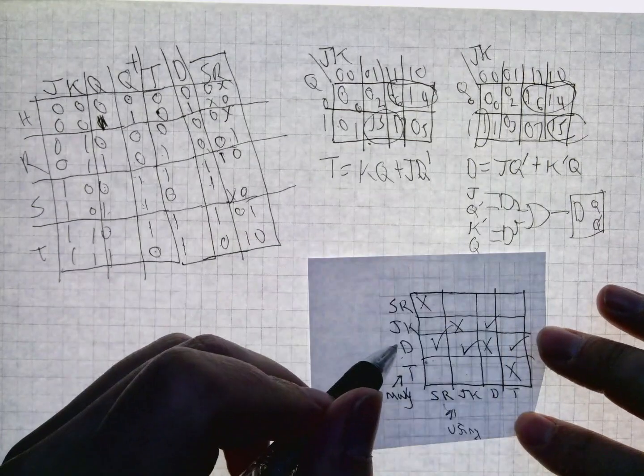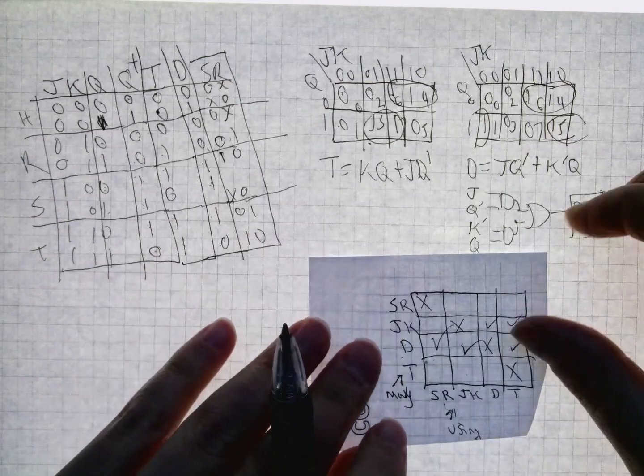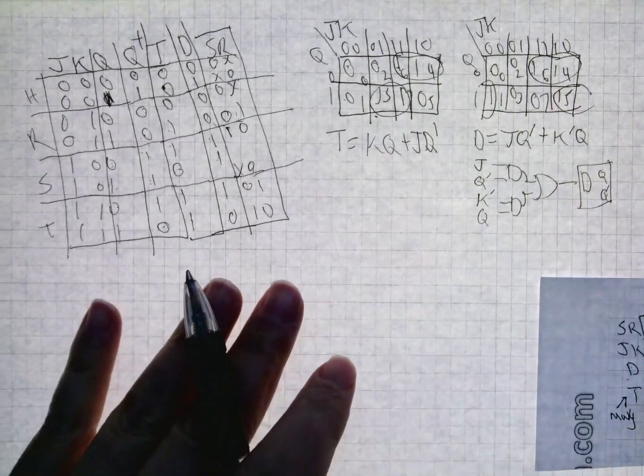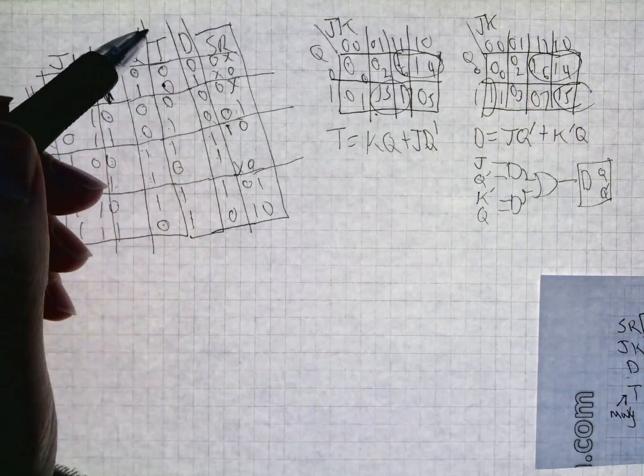You've done the same thing for the T flip-flop. You're going right along the row. The one thing you didn't do was an SR flip-flop, and for that you would need two K-maps because you've got two inputs, one for the S and one for the R.